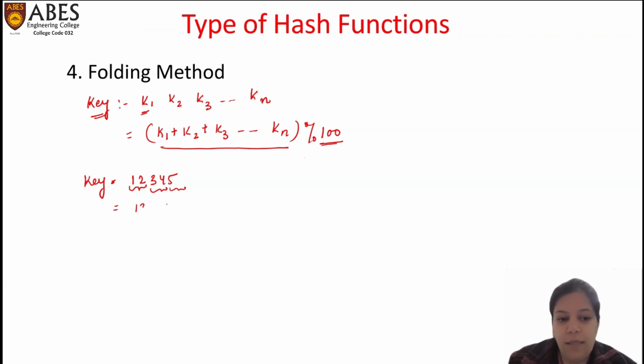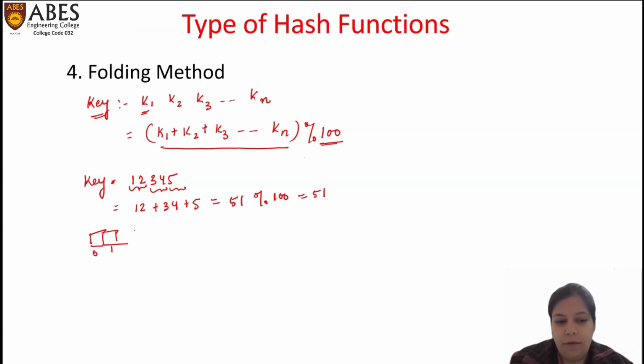We are going to add up these numbers, 12 plus 34 plus 5, and this will give us the number 51. Then we are going to modulus this number by 100. So we will again get 51. Suppose I have a table of size 100, which has indexes from 0 to 99.